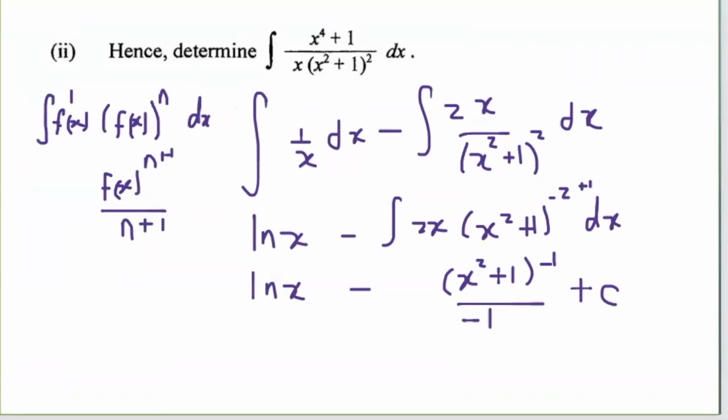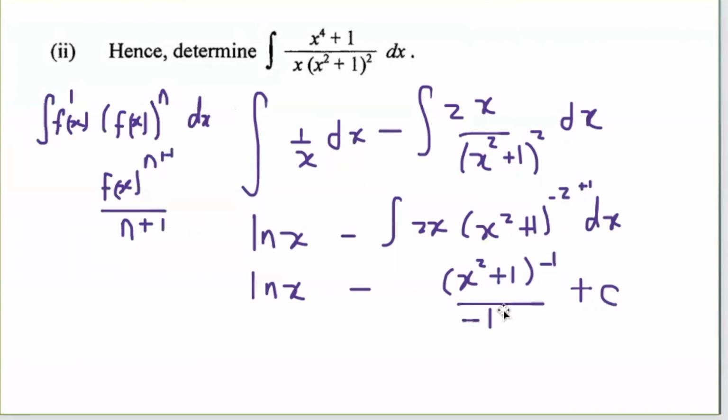Now I can rewrite this in a different form. Remember, I've just applied this formula where I have the derivative. Once it's the derivative and the f of x within the bracket, then we apply this rule. Derivative at the front and f of x within, you just add 1 to the power. And when you add 1 to the power, whatever is in the power will be the denominator.